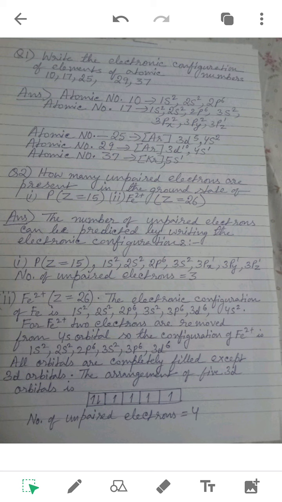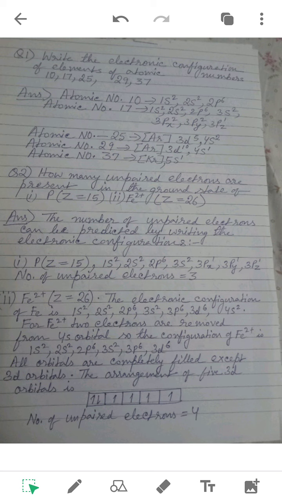Now Fe2+. In Fe the atomic number is 26, and Fe2+ means 2 electrons have been removed. The electronic configuration of Fe is 1s2, 2s2, 2p6, 3s2, 3p6, 3d6 and 4s2. As 2 electrons have been removed, the 4s2 orbital is not present in the Fe2+ ion.